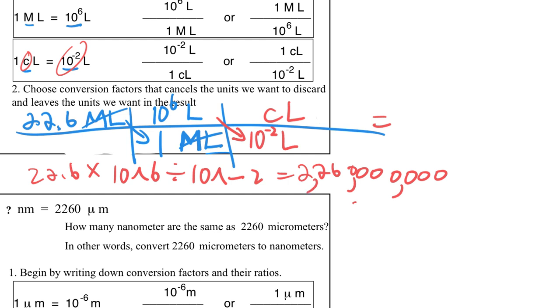Okay, maybe your calculator put it into scientific notation, or you could do that by pushing the mode button, but I won't teach you that. So this is 2.26 times 10 to the 9 centiliters, because the liters cancel out. Now, this answer is perfectly fine as well.